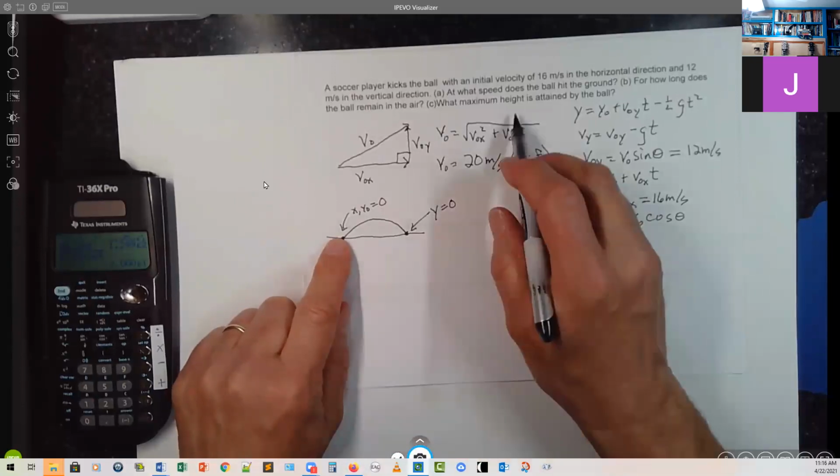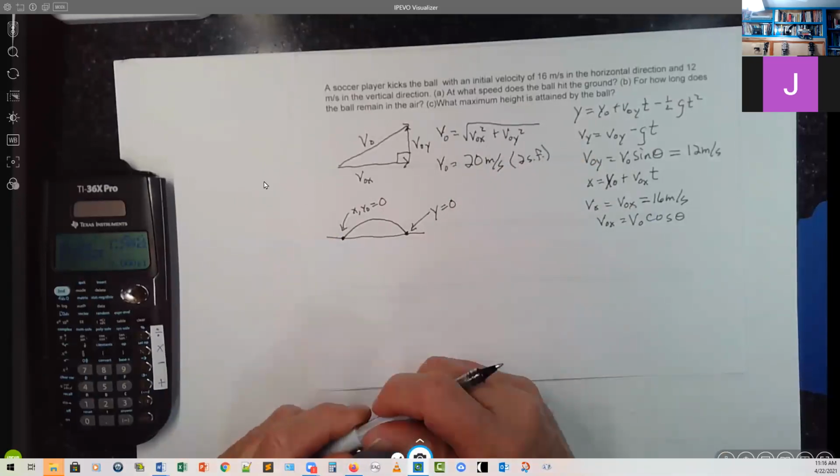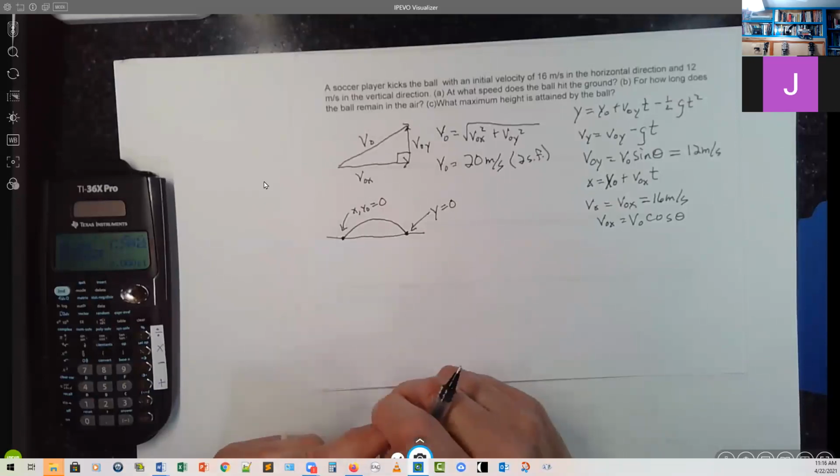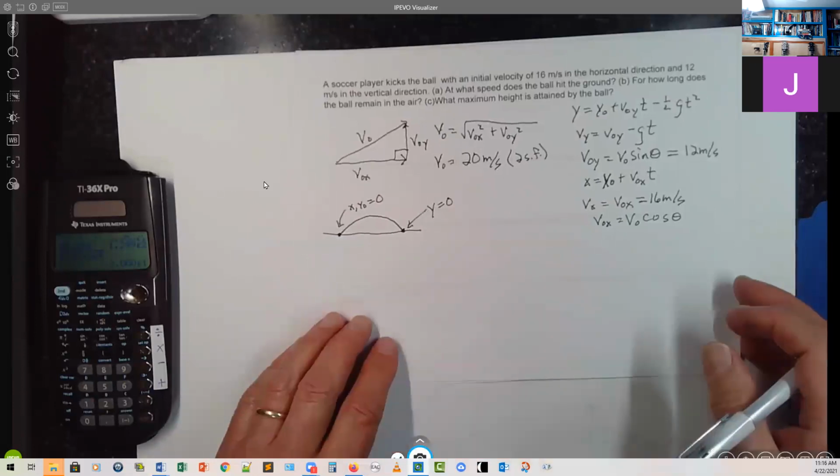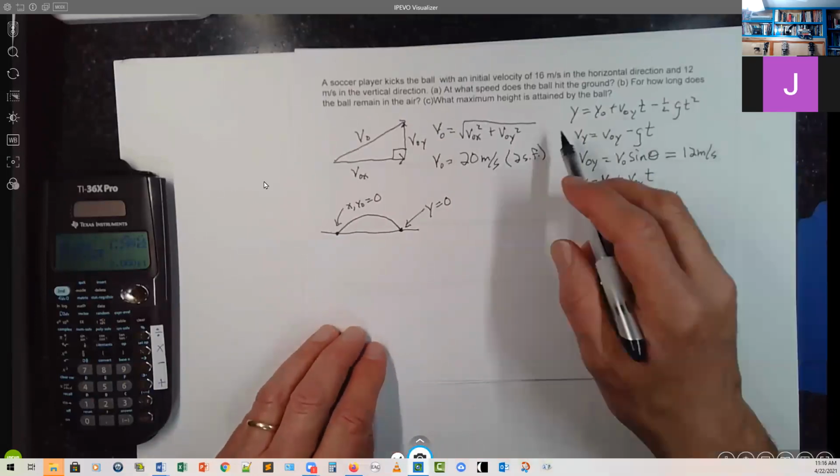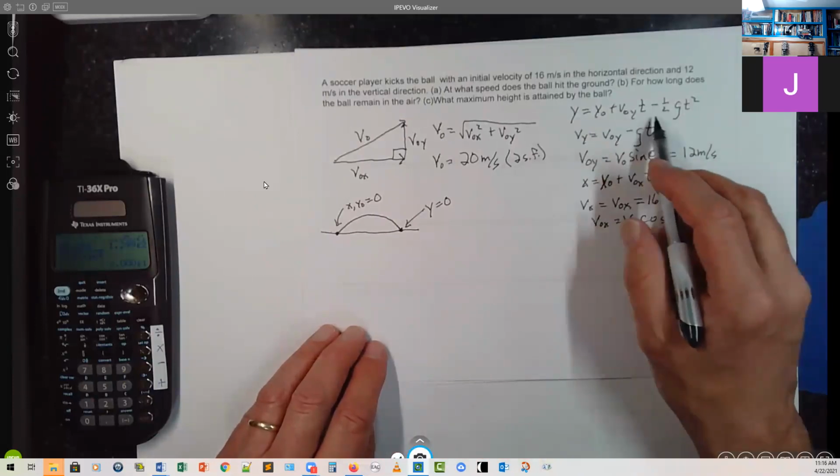All right, now at what speed does the ball hit the ground? Well, if I want to know that, I have to figure out first how long the ball is in the air, which I can do using my y equation here.